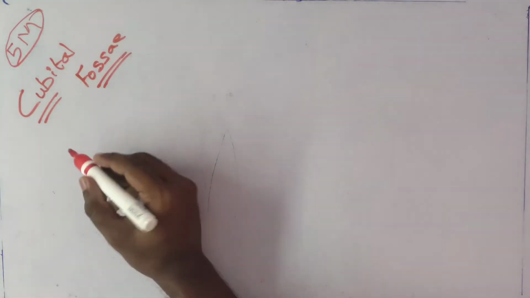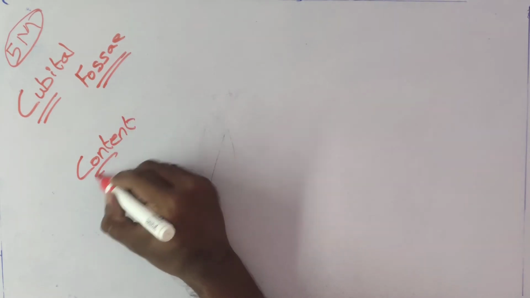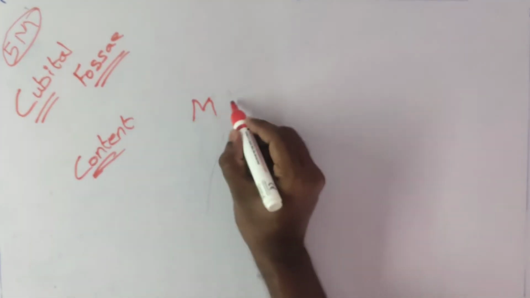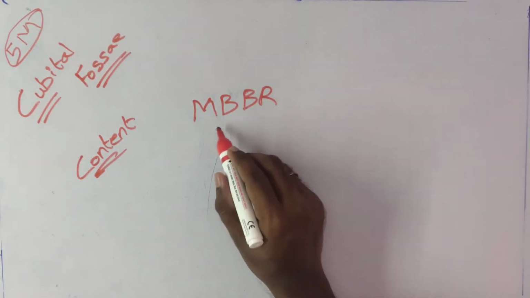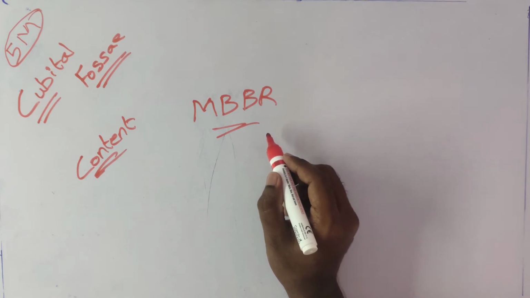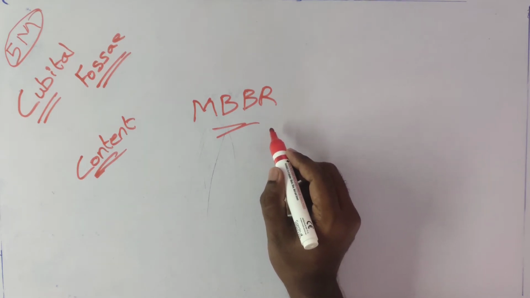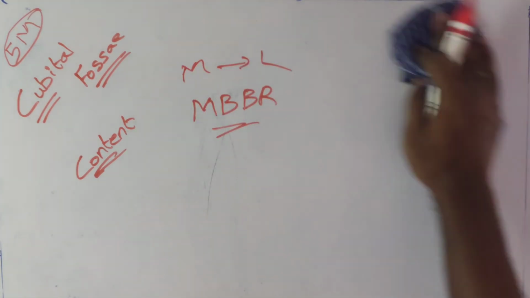Next, coming to the contents, the most important part in the cubital fossa. In the contents, there is a mnemonic of M, B, B, R. It is from the medial side to the lateral side.